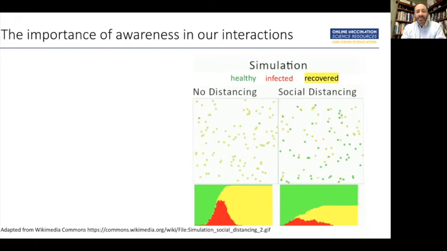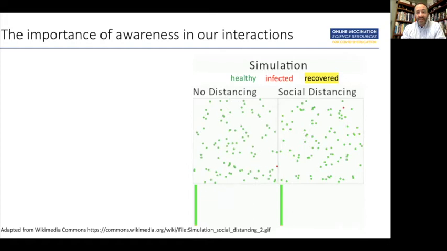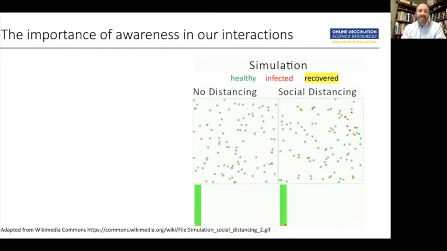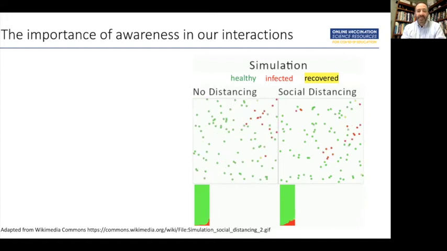The dots shown in green are healthy individuals, the dots in red are infected individuals, and the dots in yellow are individuals who have been infected and then recovered.